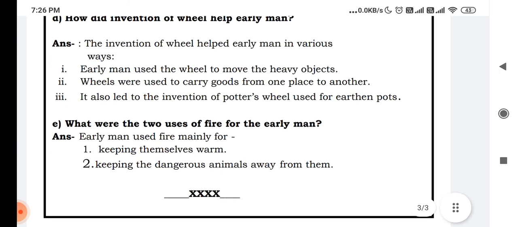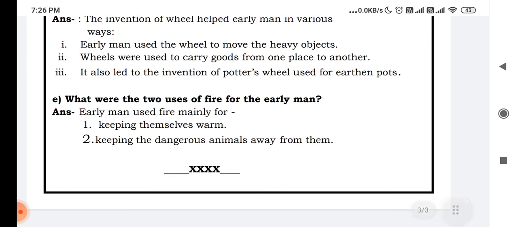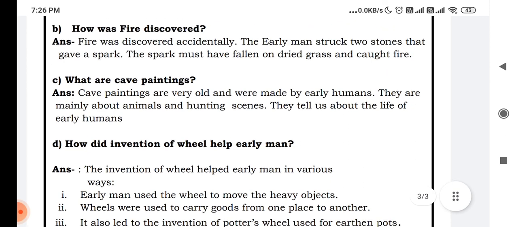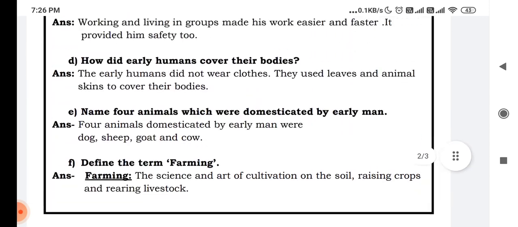Fine. So now E, what were the two uses of fire for the early man? Answer. Early man used fire mainly for number 1, keeping themselves warm, and number 2, keeping the dangerous animals away from them.